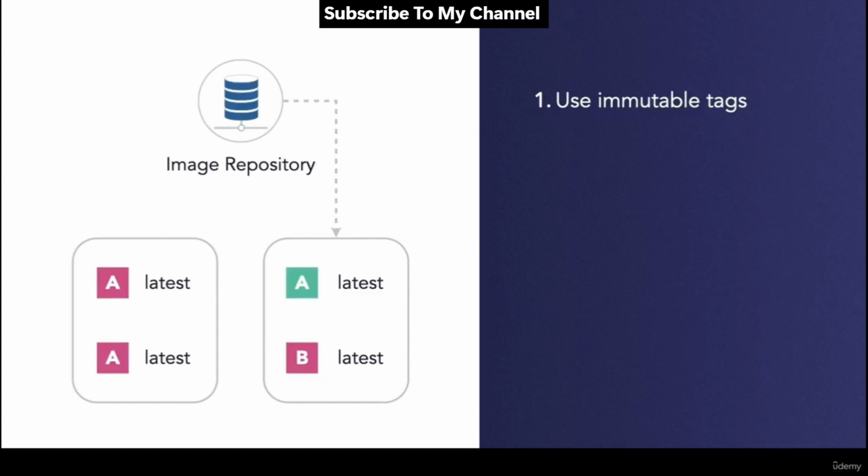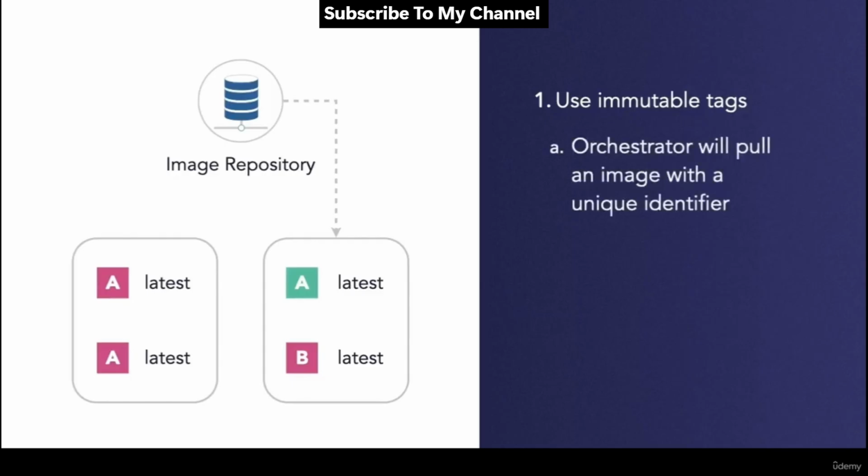That way, your label 1 and label 2 are always pointing to a known and never changing version of the image. In this approach, you set up the orchestrator to always pull via an immutable tag. So you're sure that all running containers will be running an image that is known and fixed.